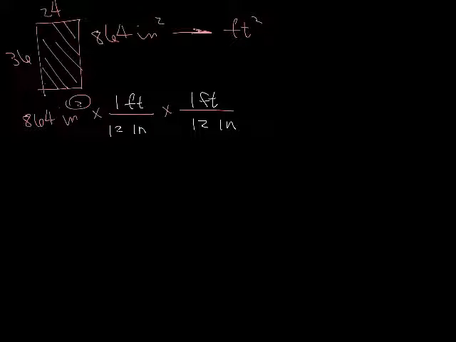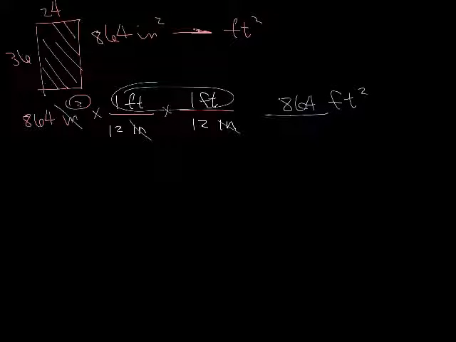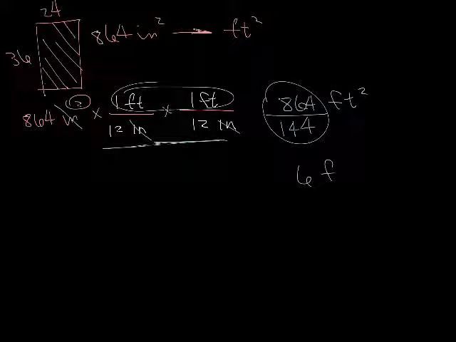And I can now cancel these 2 inches with these 2 inches, and I'm left with 2 feet up there, so I'm going to be left with feet squared, which is what I'm looking for. And I'm going to multiply the top numbers, so I have 864 times 1 over 12 times 12, which is 144. I'm going to divide that out with my calculator, and I get 6 for an answer. 6 feet squared is 6 square feet.